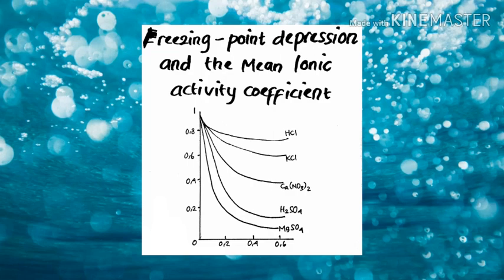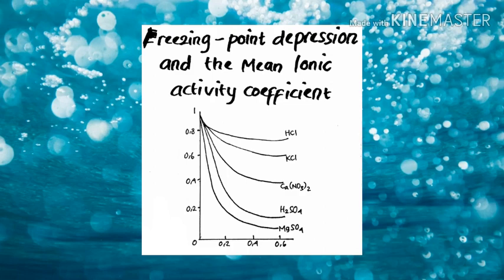Any of the colligative properties could be used to determine the activity coefficients of a dissolved substance, whether it is an electrolyte or non-electrolyte. The freezing point depression is much used because this experiment requires somewhat less elaborate equipment than any of the others.